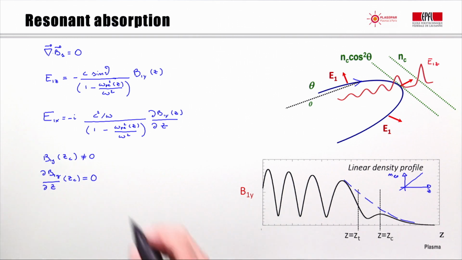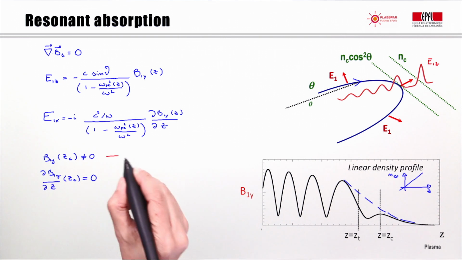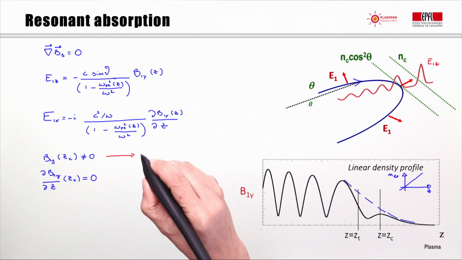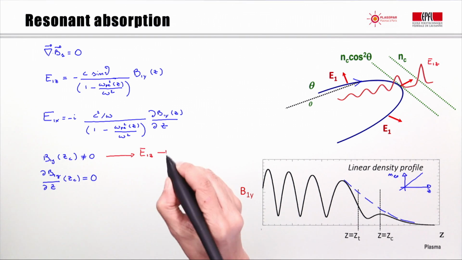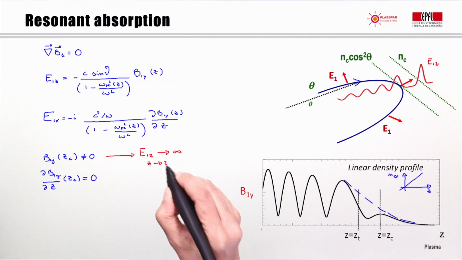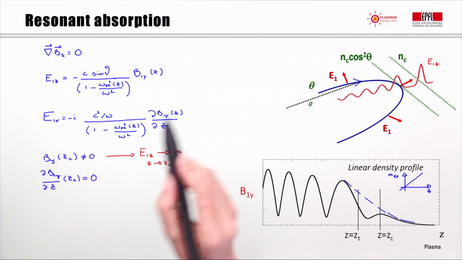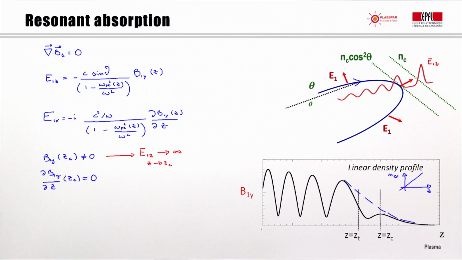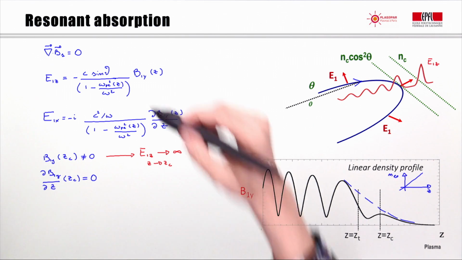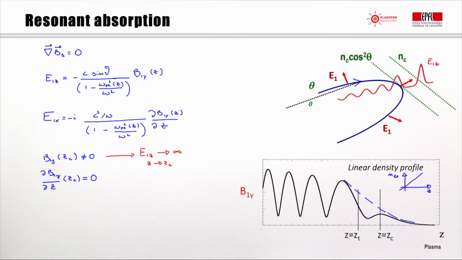Because of this condition, we can see that the Z component of the electric field will diverge at the critical density, while there will be no problem for the X component because this term goes to 0. So we can see that it diverges because this term is finite, while the denominator will go to 0 at the critical density.